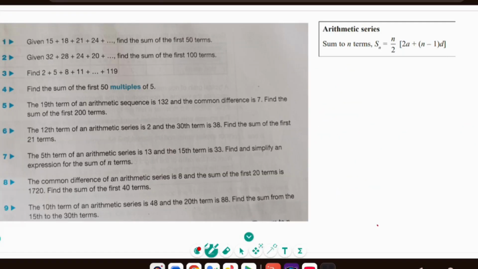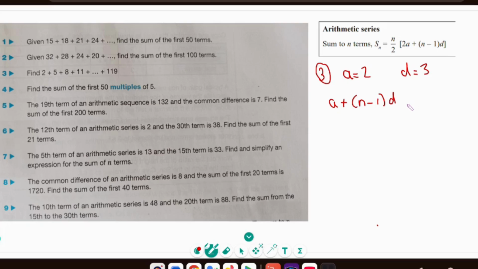Question 3. Aha, so A is 2, D is 3. We don't know what N is, do we? But we know the nth term.